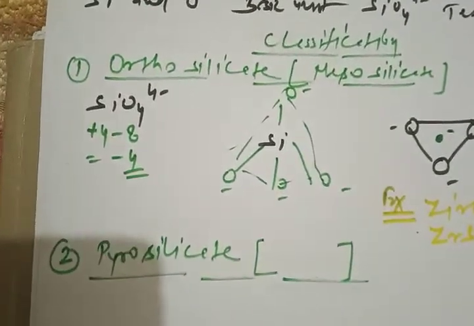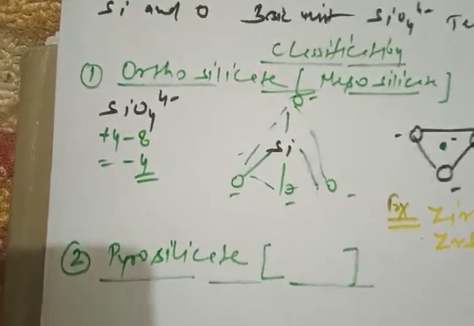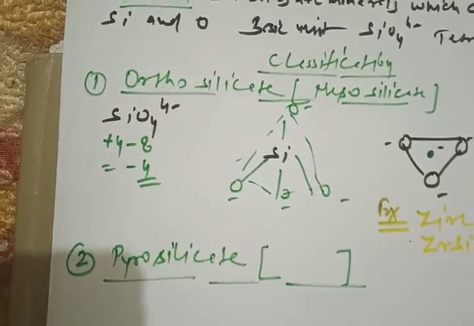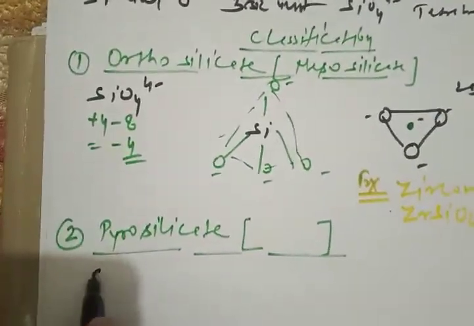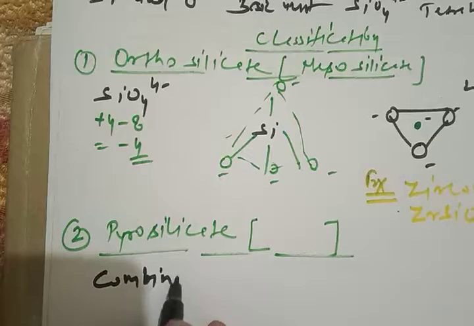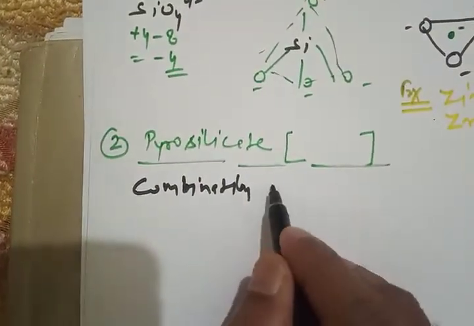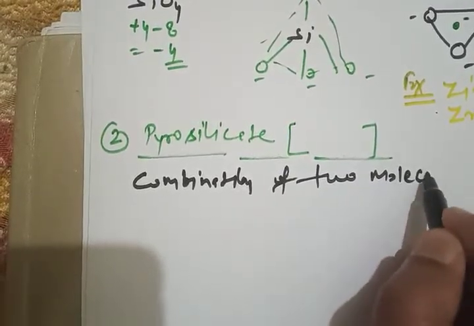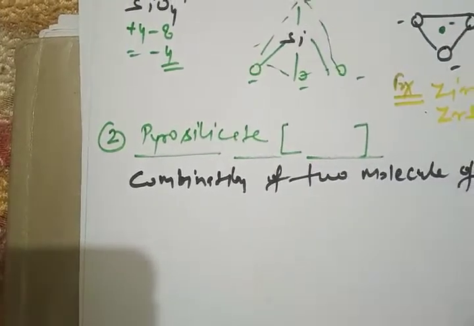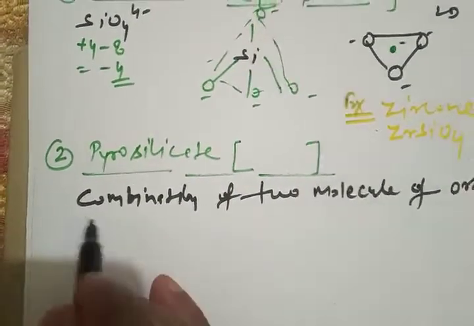Pyrosilicate is that silicate in which two molecules of orthosilicate are involved. So it is the combination of two molecules of orthosilicate.